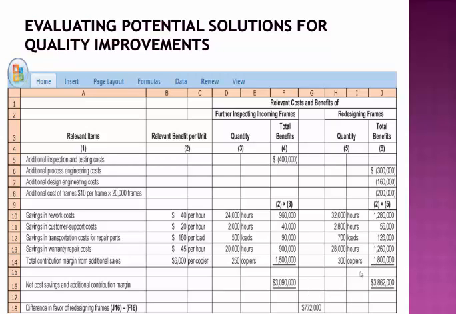So we want to do this one because it's a $772,000 better result. So we want to tell the engineers to go forward and redesign the frames, and that's going to be our quality improvement project going forward.